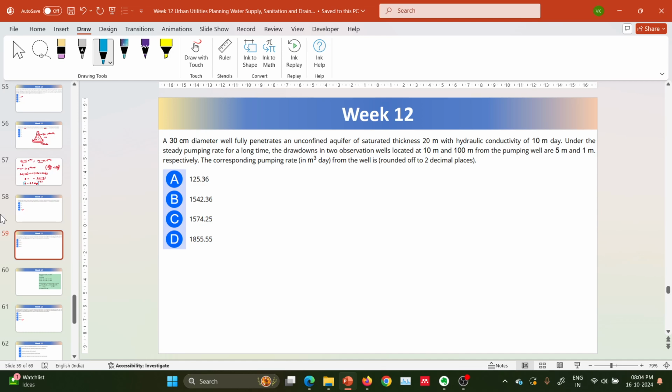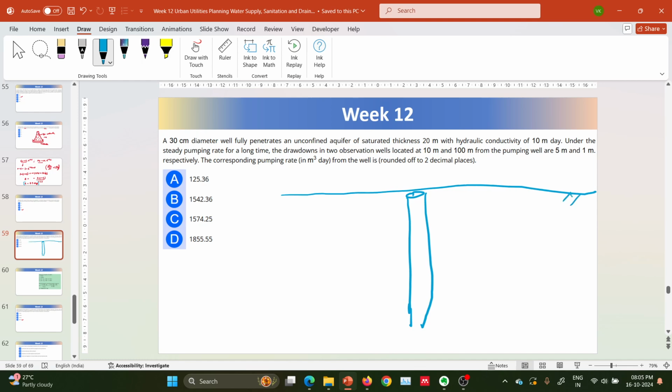A 30 centimeter diameter well fully penetrates an unconfined aquifer. So let's see. There is a well, 30 centimeter diameter, which penetrates an unconfined aquifer. This is the groundwater level table. This is ground level.